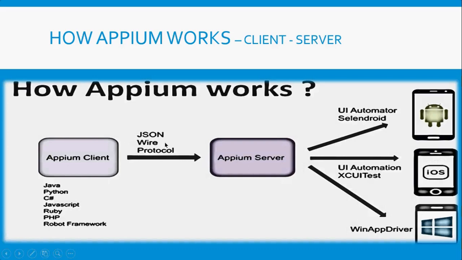The JSON wire protocol is like a source code that helps you bundle your message from the client to your server, and then the server emits that message to the device that you're trying to automate.